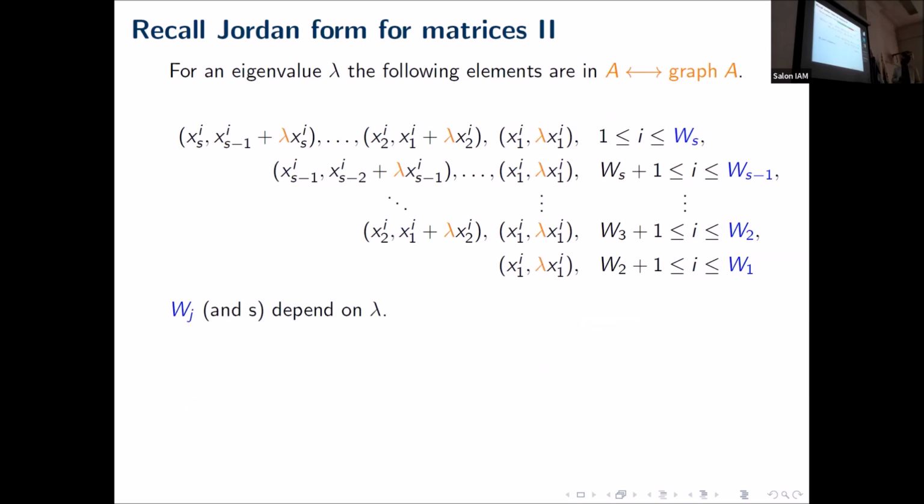Maybe like this. Now you take one eigenvalue and collect all chains. You fix one eigenvalue, collect all chains. They look like this, and you get trouble with the numbering, let's say.